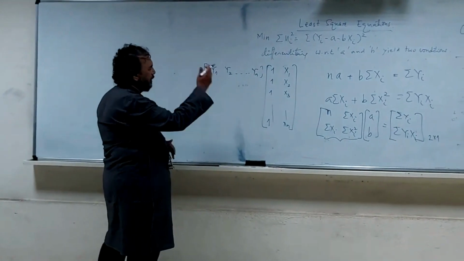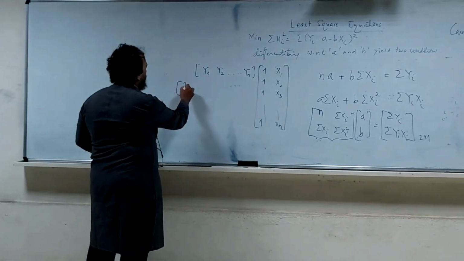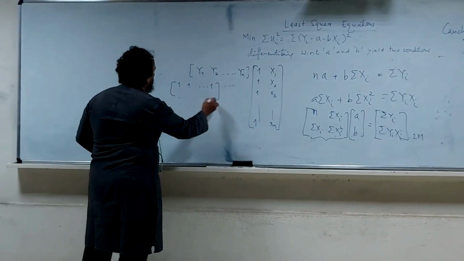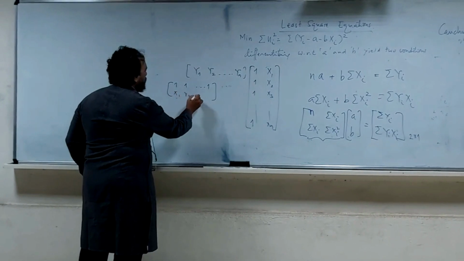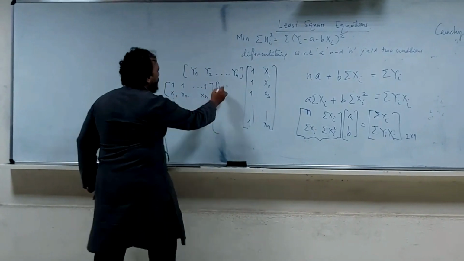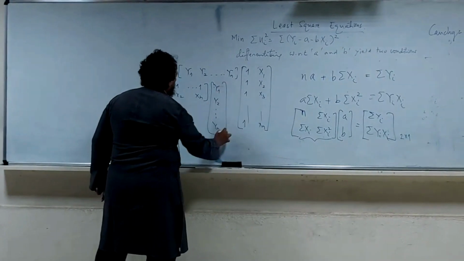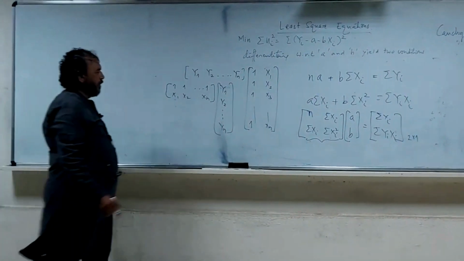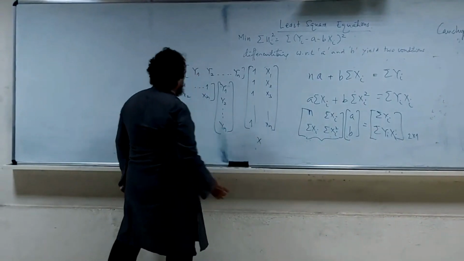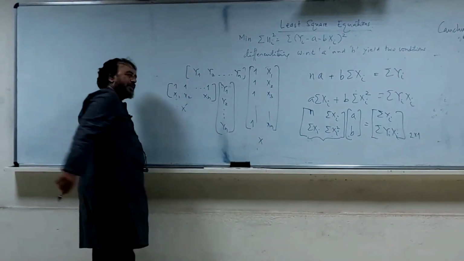I can take the transpose of this matrix, which will be 1, 1, 1, and x1, x2, xn, and then multiply it this way with y1, y2, yn. If I do this, let me call this matrix x, then this will be x transpose.